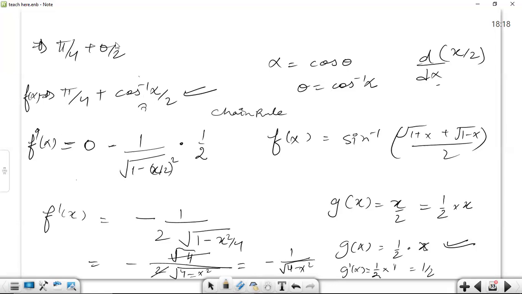This is completely wrong. Theta is cos inverse of x, and we are dividing x by 2. No, we have to multiply the whole of cos inverse of x by half. That is why half will remain here, and the derivative of cos inverse, which is directly 1 over square root of 1 minus x square, will be there. So you have made a little mistake here.